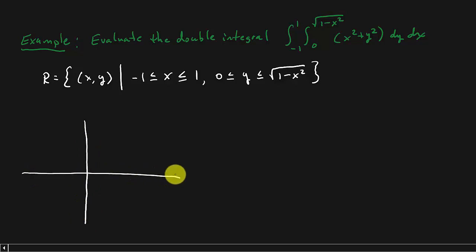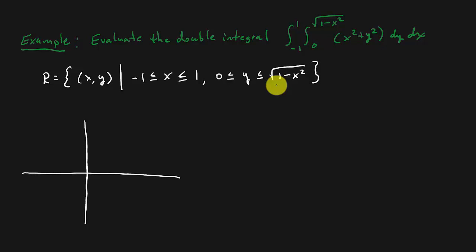All right. So notice here we've got y is 0 to square root of 1 minus x squared. Look at this: y goes from 0 to the square root of 1 minus x squared. What kind of a region is that?